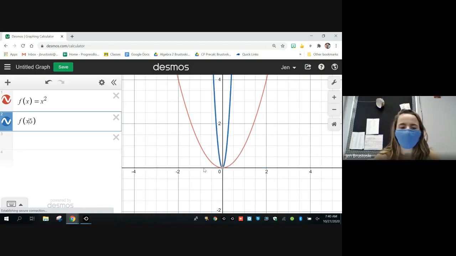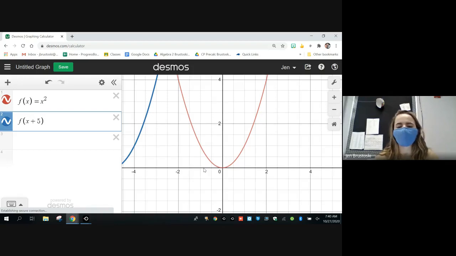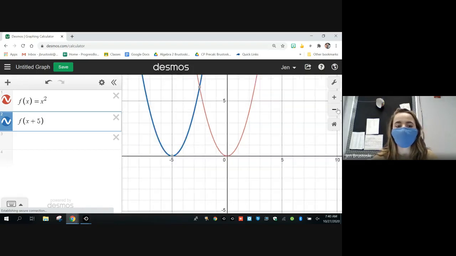And if I'm adding 5, it goes to the left. So c is going to shift left if positive and shift right if negative.